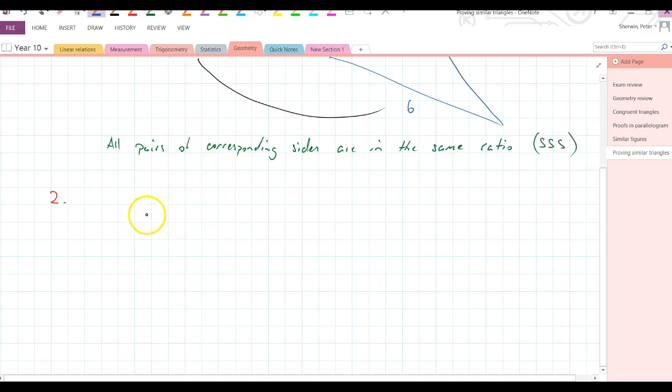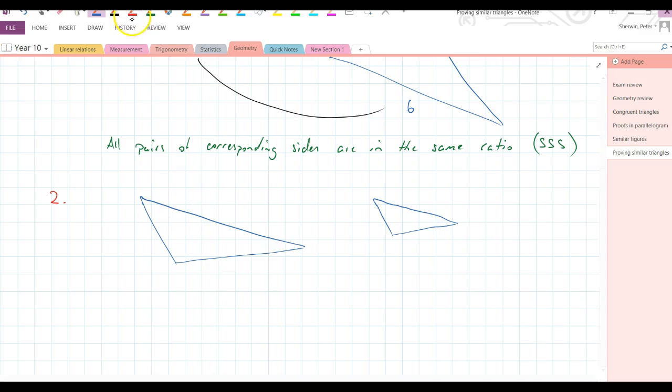So, okay, I've got a triangle here, doing something like that. I've got another triangle doing something like that. And what we're going to say here is, I'll give you some information about this.